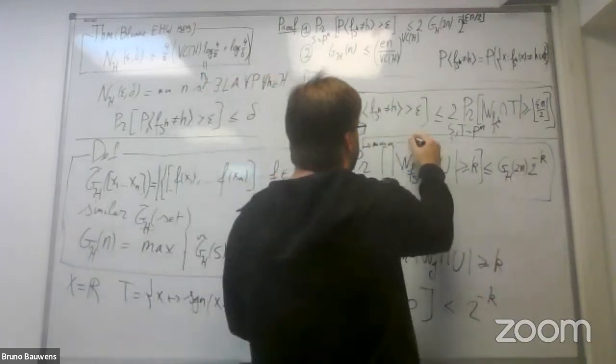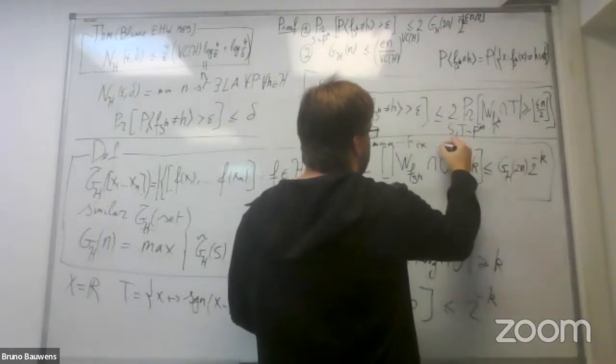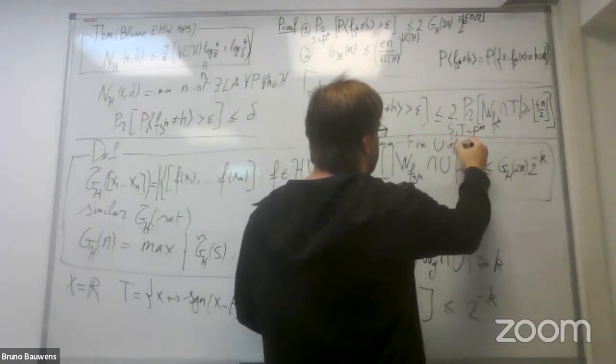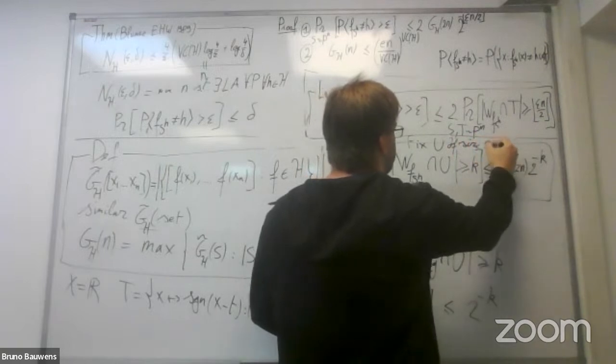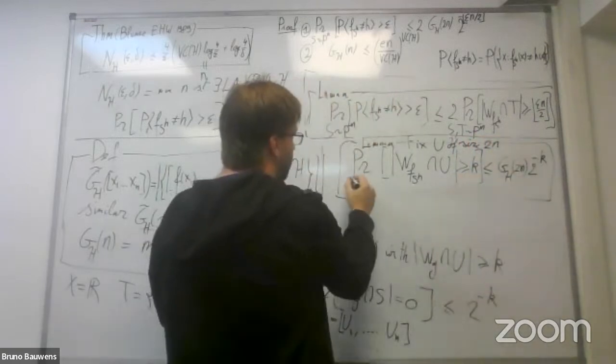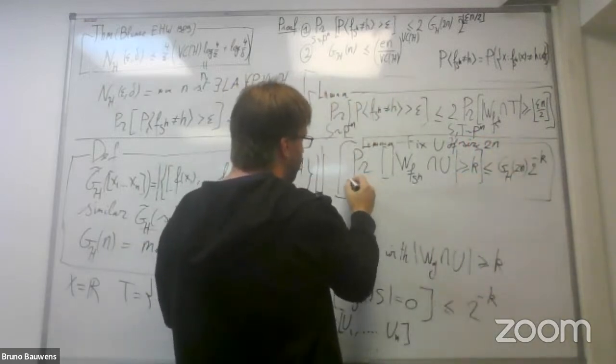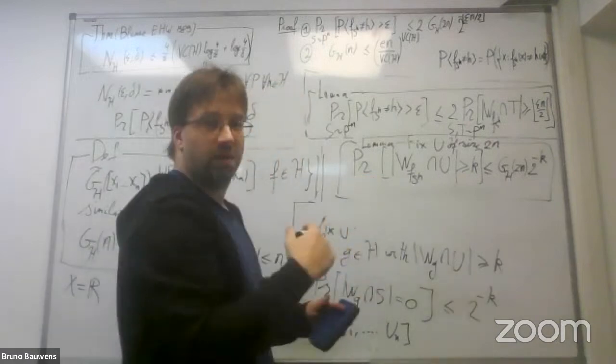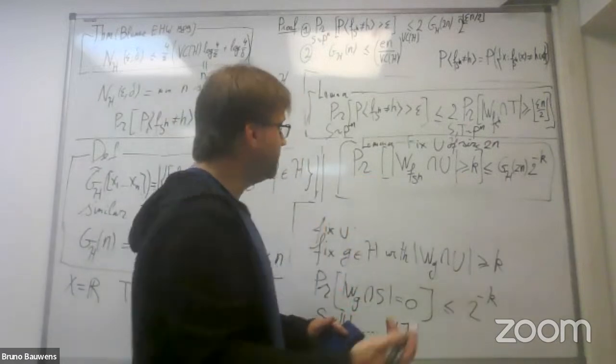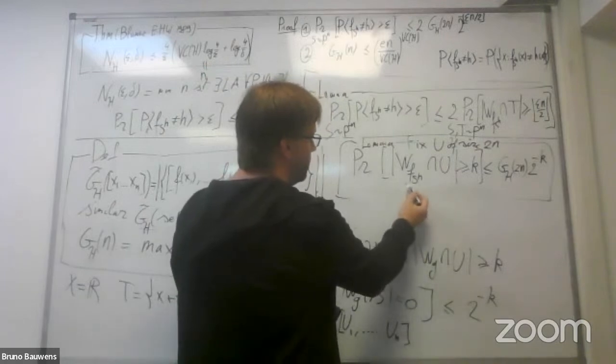Okay, so fix U of size 2n. And then the probability is over a random half. We pick a random half of U, call it S, and give it to the learning algorithm.